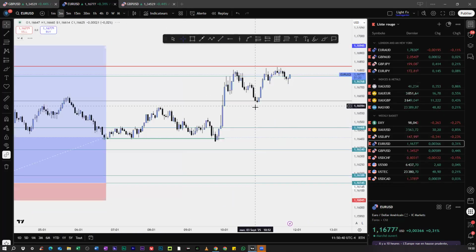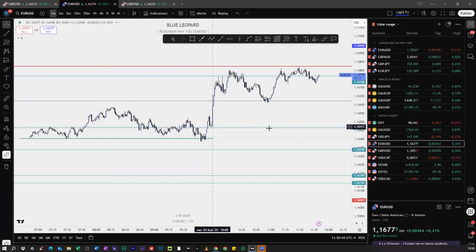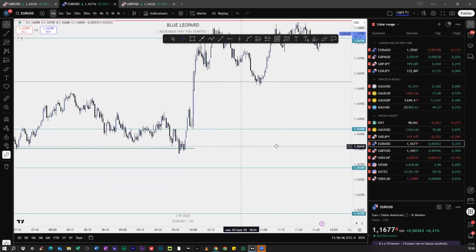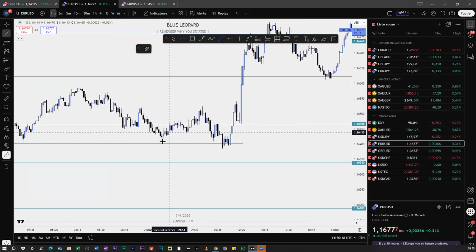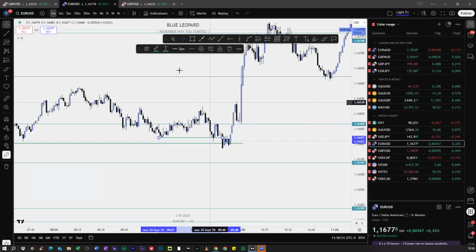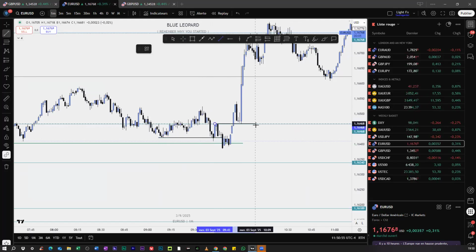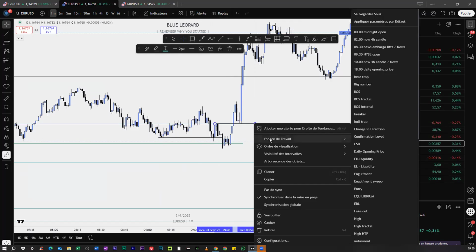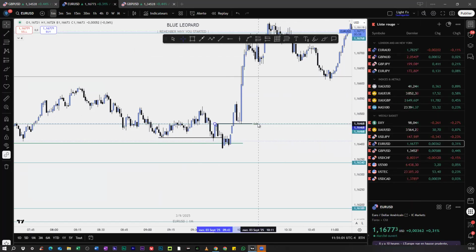So I will usually use the 1 or 3 minutes for entry, because on the 1 minute I will have another sweep of liquidity, and from that sweep I will wait for a break in market structure that I will call a change in the state of delivery or a market structure shift. And from here, I will expect price to return inside.